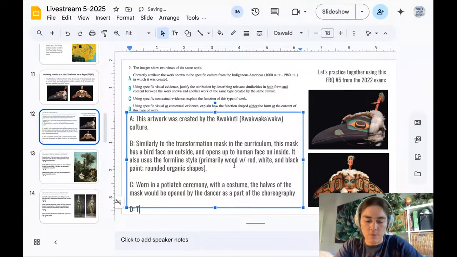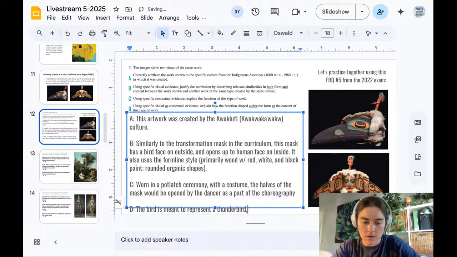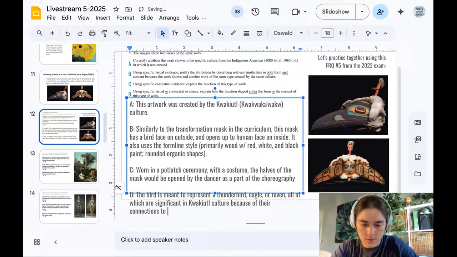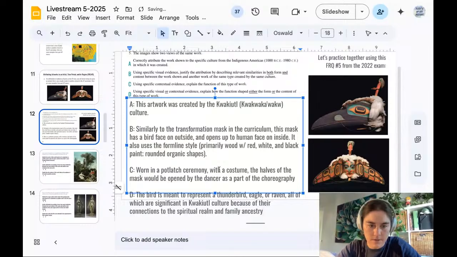So the bird is meant to represent a thunderbird, eagle, or raven, all of which are significant in Kwakiutl culture because of their connections to the spiritual realm and family ancestry.